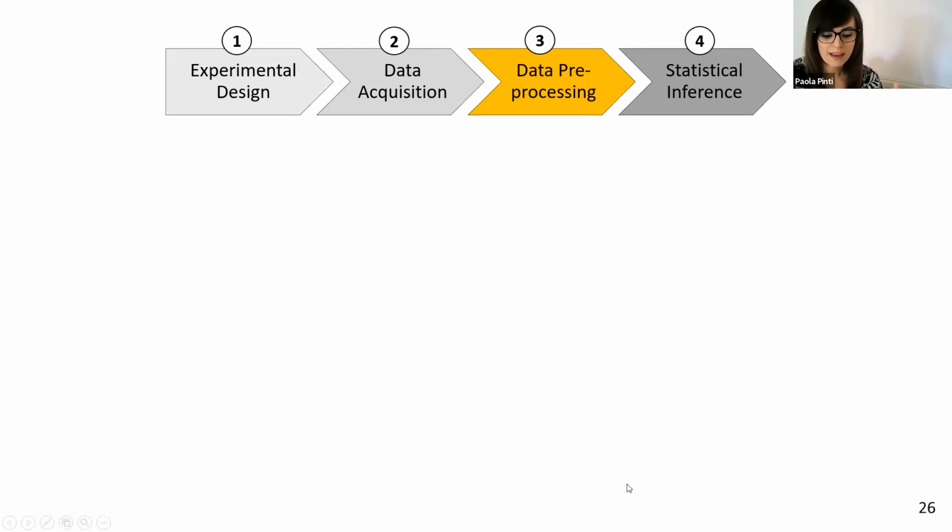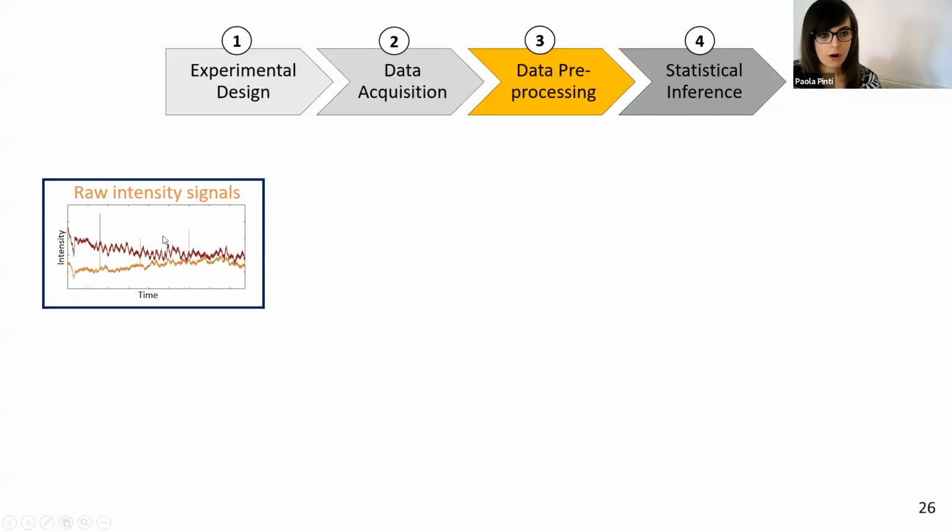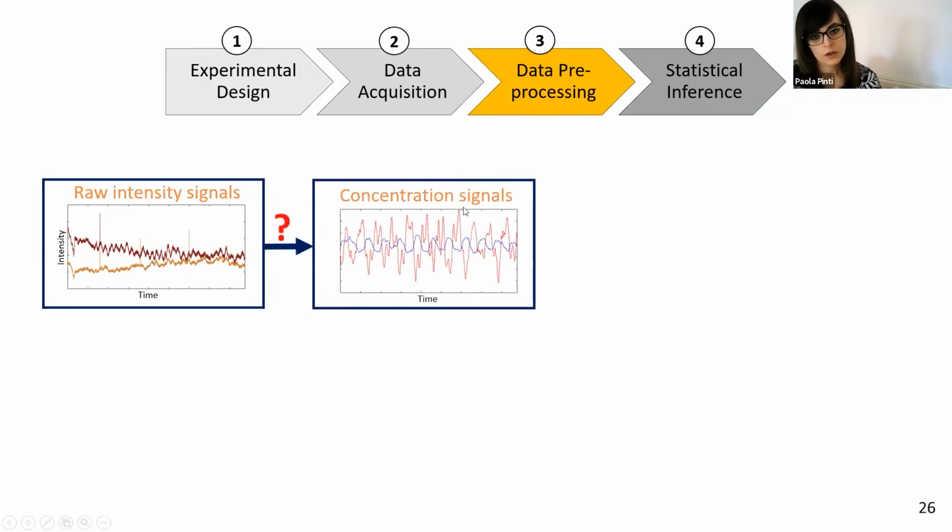So once we have collected our fNIRS data, we start from our raw intensity signals. So we have signals measured at 2 or more wavelengths that include noise and various components that we want to minimize as much as we can, so that we get to a cleaner version of our concentration signals, a cleaner version of oxyhemoglobin and deoxyhemoglobin signals that will allow us to extract meaningful information to run our statistical analysis.